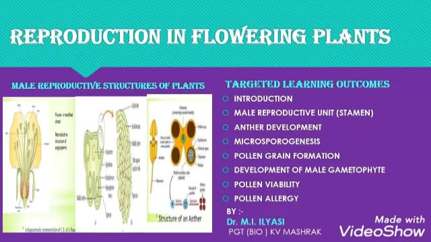The whole process of sexual reproduction in flowering plants can be divided into three steps: pre-fertilization, double fertilization, and post-fertilization. The pre-fertilization events can be studied under the following points: pollen grain formation, embryo sac formation, pollination, and pollen-pistil interaction.